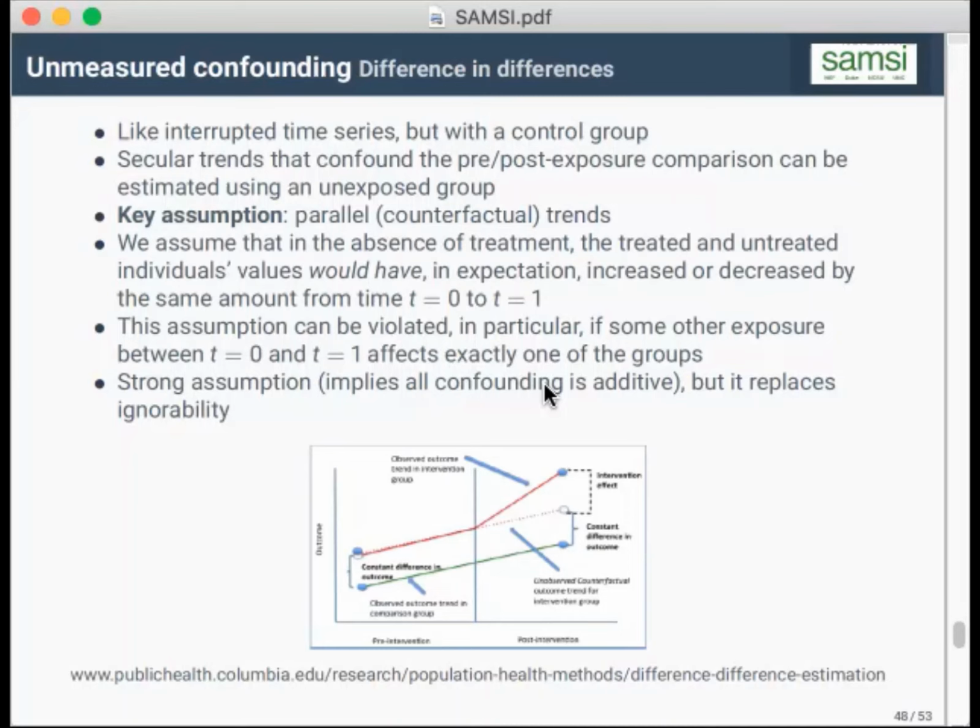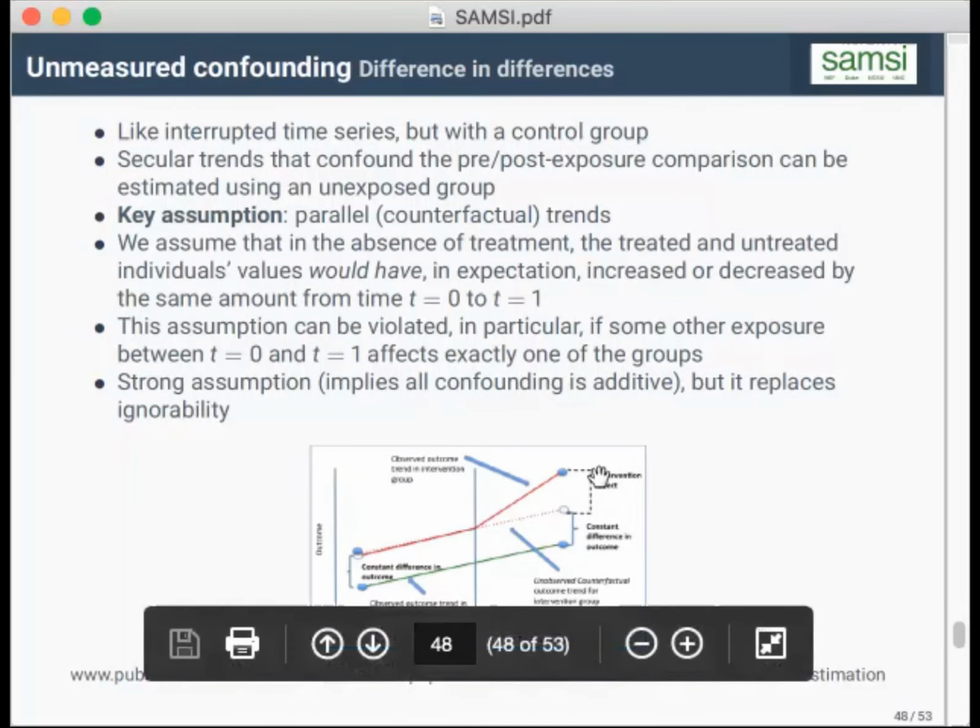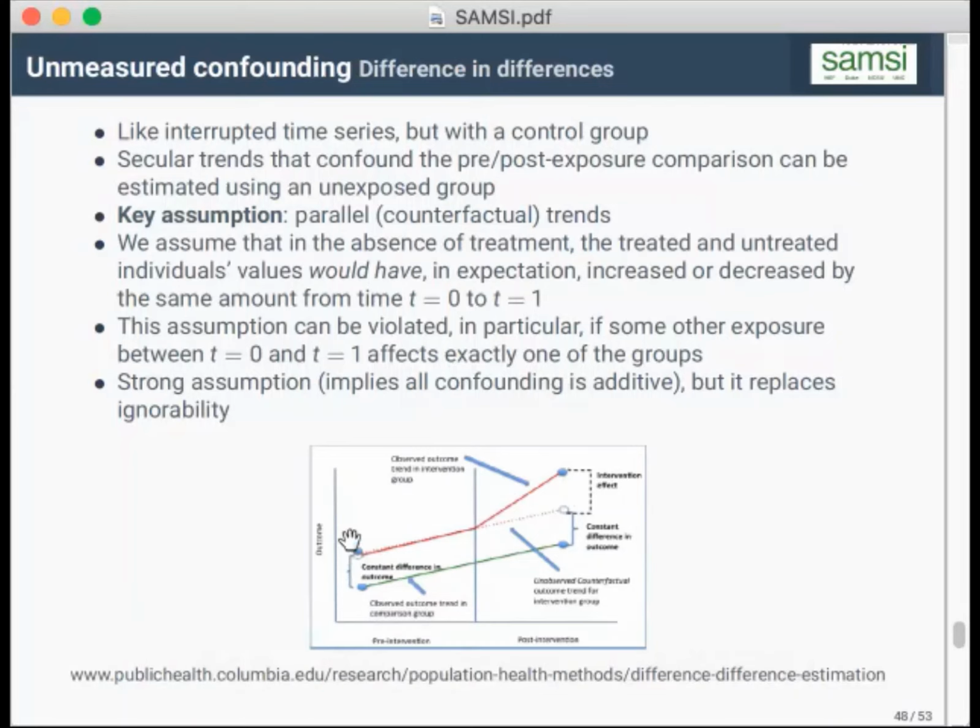So in this diagram, we see that the treated group is in red and the control group is in green. And the naive estimate would just look at this post-intervention outcome and subtract off the pre-intervention outcome and estimate the effect of the intervention to be this difference here. But this difference is in fact a combination of a secular trend.